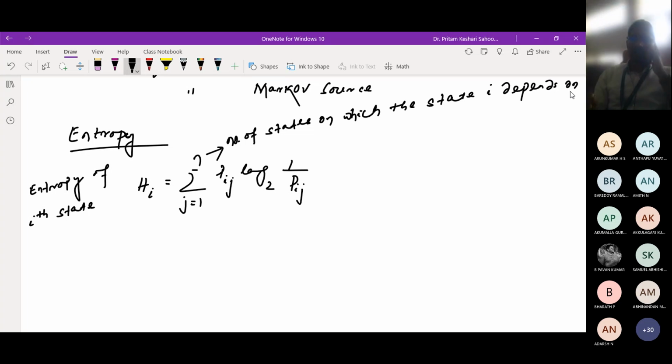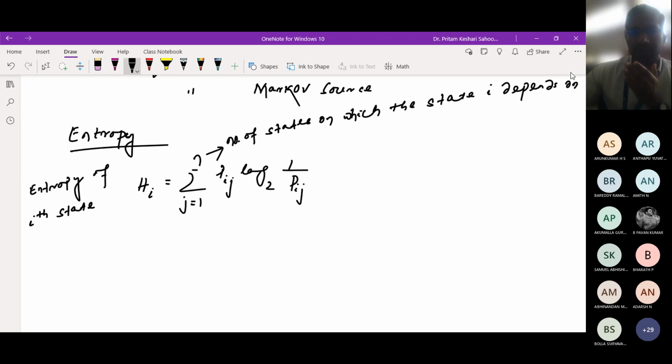So what is n? N represents the number of states on which the present state I depends on. Okay, so in this case there are n number of states on which the current state I is dependent.